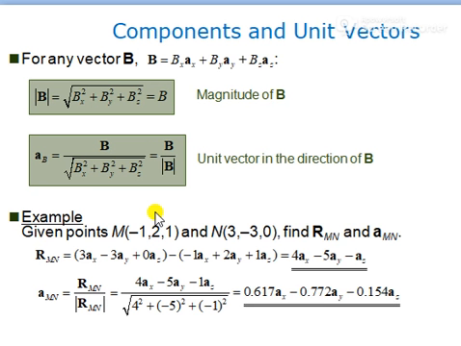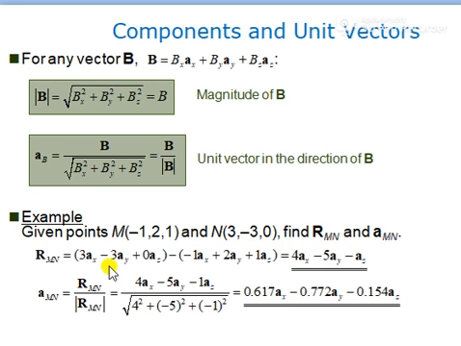So we will consider one example here. Given points m minus 1 comma 2 comma 1 and n 3 comma minus 3 comma 0, find rmn and unit vector amn. So rmn is a distance vector. So first find the radius vectors, that is rm and rn.